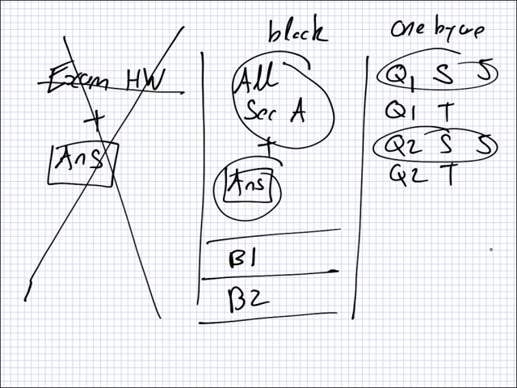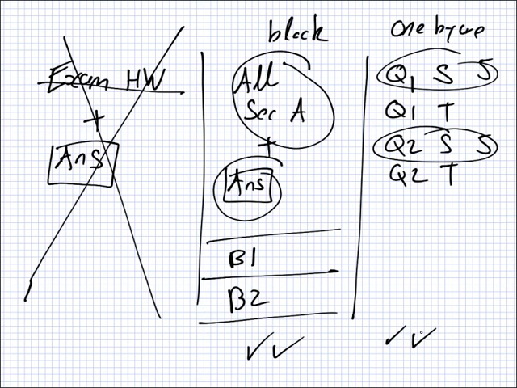Which would you prefer for your revision? Block? We have 2 votes here. One by one? Oh, it's up to Kim, so you decide, Kim. What would you like? Don't say both, Kim.